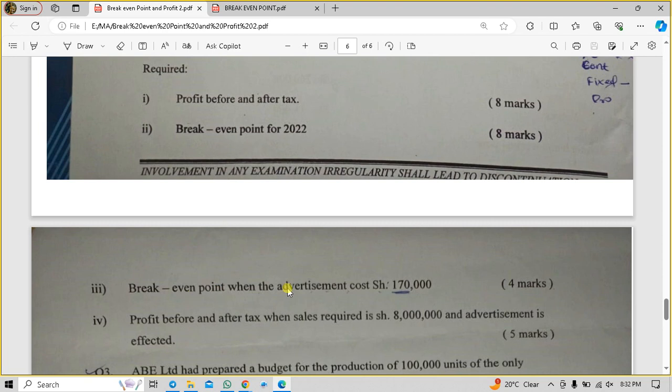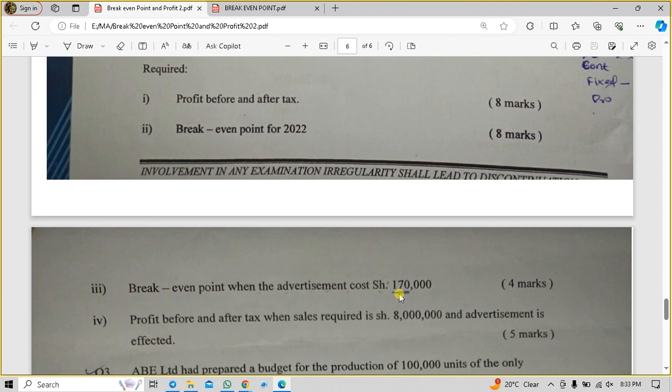So when you're told break-even point when advertisement cost is 170,000, what is advertisement cost? Is it a variable cost ama ni fixed? Hata Google, hebu jaribu tu Google advertisement costs.